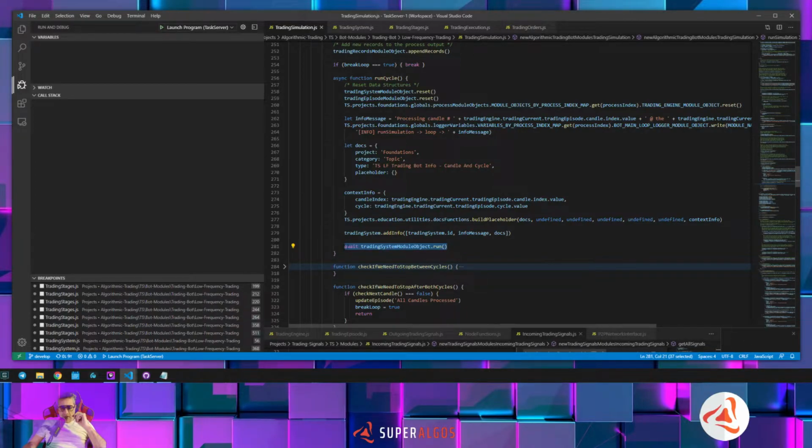And this is the call to the next layer, the trading system. Okay, which is this one, and then it runs this one and this one and this.